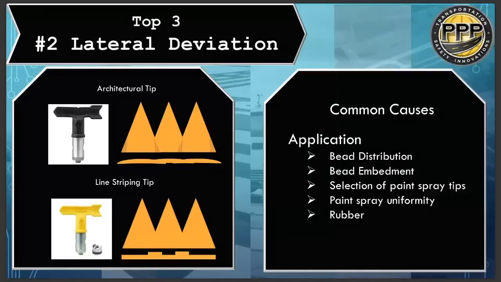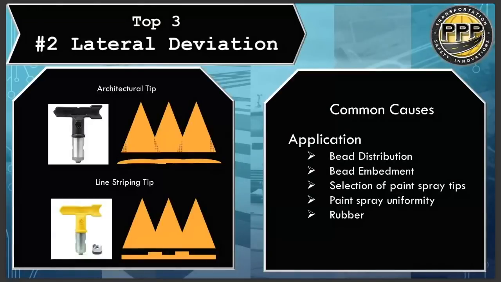And Mike, we had a question on what is the proper overlap. I'm going to base that on the architectural tip. The manufacturer usually recommends a 50% overlap. That sounds tremendous because you've got 50% on each side, but that's what the recommendation usually is, a 50% overlap. So that's going to make sure that you get the most even spray. And again, that's architectural.